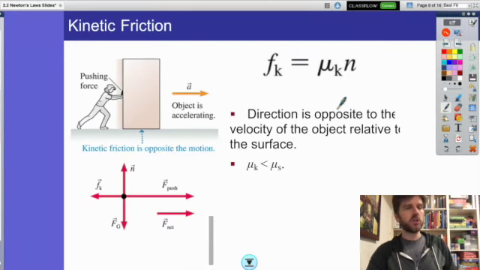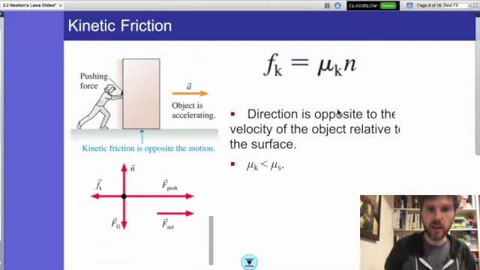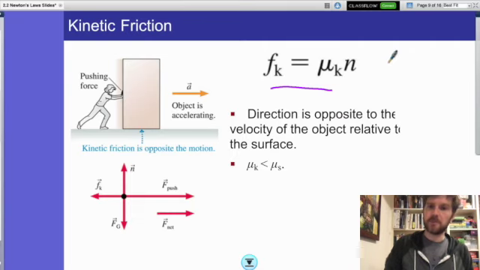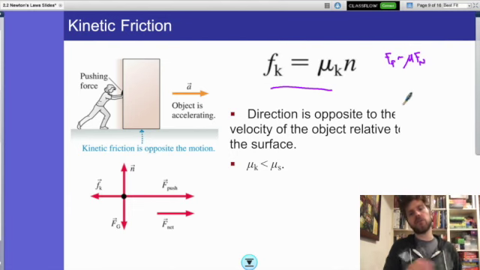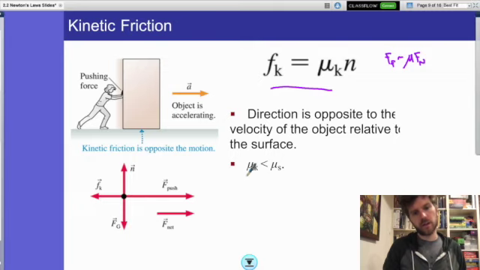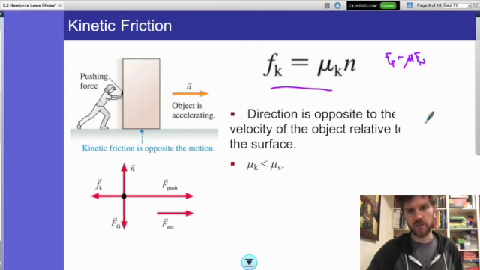Kinetic friction, once you break through static friction and the thing starts moving, kinetic friction actually is just always precisely equal to mu times the normal force. So you can remember mu times the normal force for friction, just remembering that for static friction, that's a maximum value. For kinetic friction, that is the value. It's also the case for every surface that the coefficient of kinetic friction is strictly less than the coefficient of static friction.